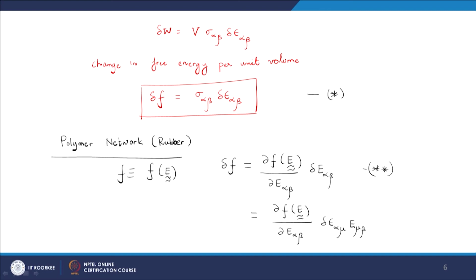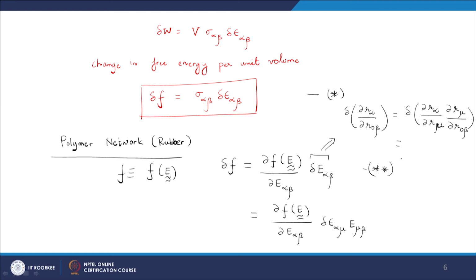and how do we get this? Ultimately del E alpha beta is del of dou r alpha by dou r naught beta, which I could have written as dou r alpha by dou r mu, for a dummy index mu, and then multiplied with dou r mu by dou r naught beta.